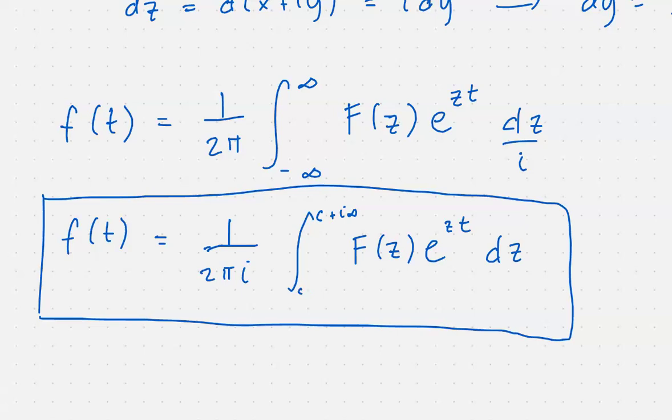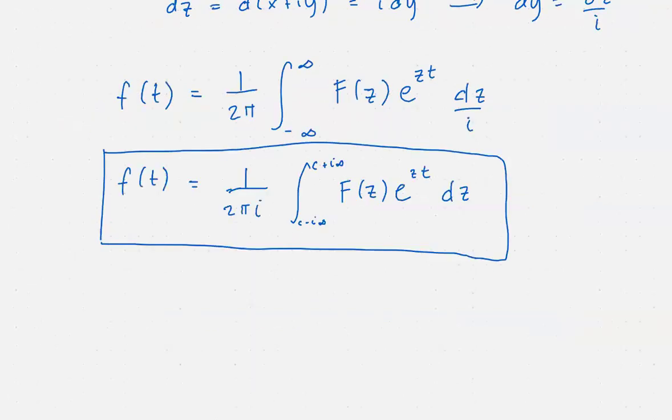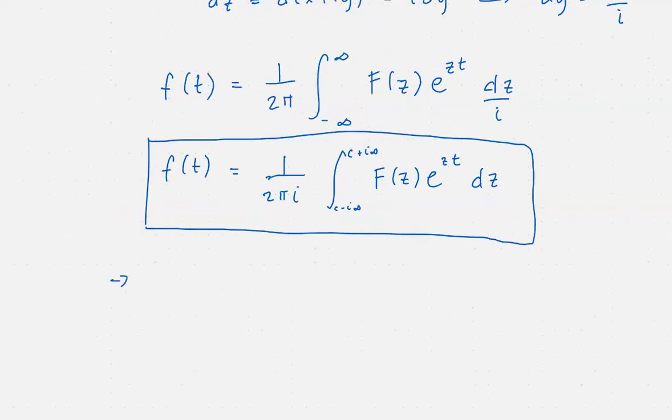All right. Now, looking at this form, we can think of it this way. The integral from c minus i infinity to c plus i infinity of F of z e raised to zt dz is 2 pi i times f of t.